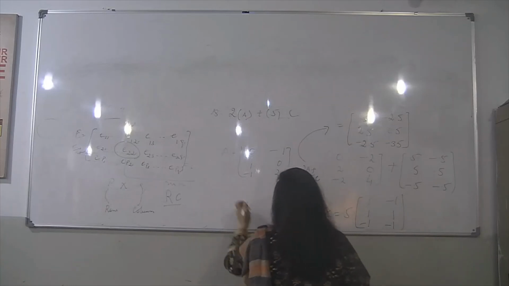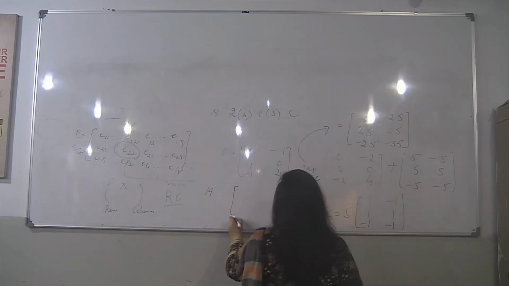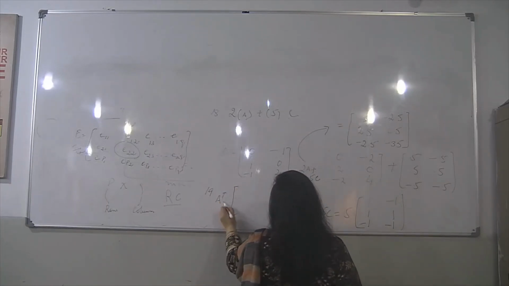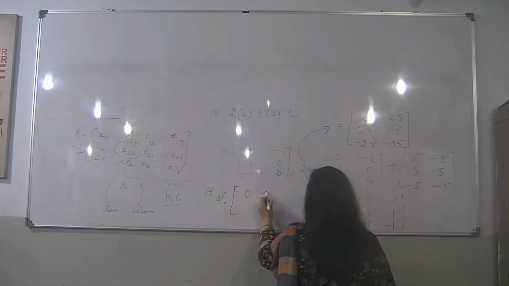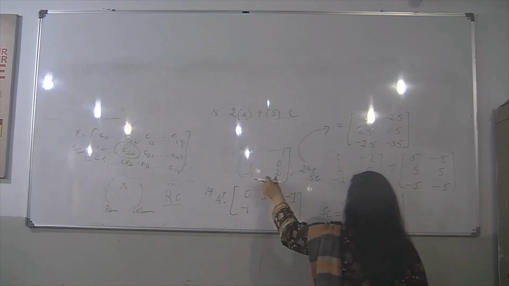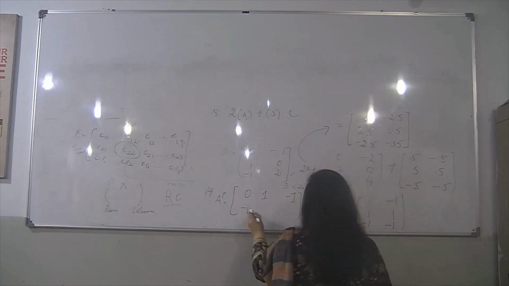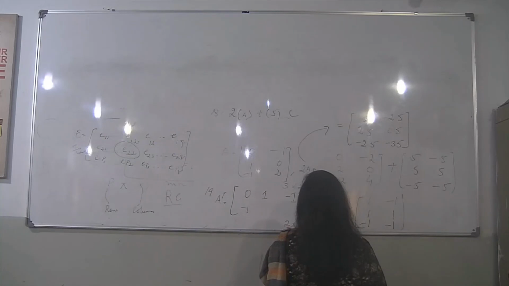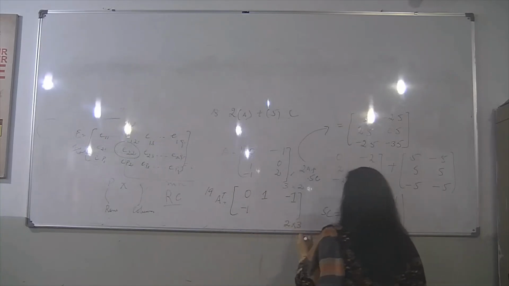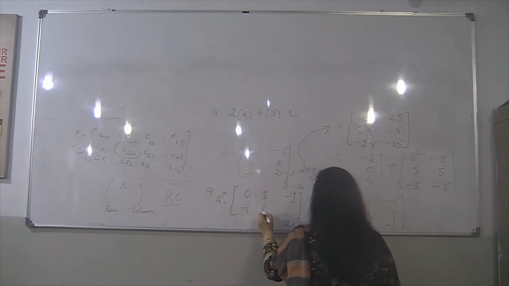With the same data for matrix A, if you transpose this, A transpose would be 0, 1, and -1, and this would be -1. Let's look at the dimensions: A has 3 rows and 2 columns, and now we have 2 rows and 3 columns. As you can see, when you transpose, the values stay the same but the vectors are opposite. Then we have -1, 0, and 2.